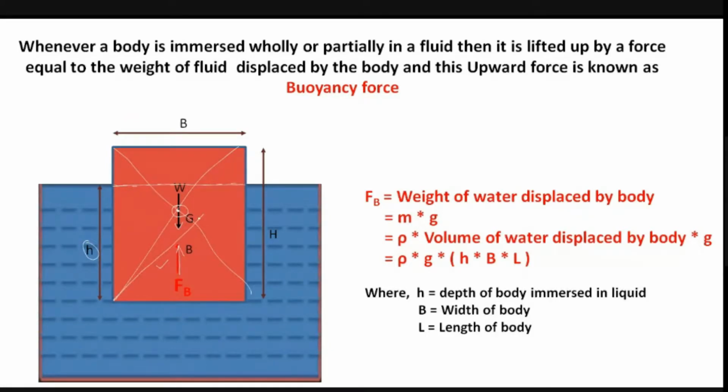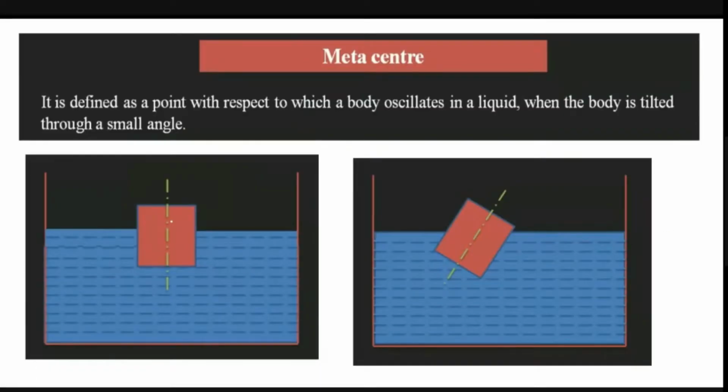Here I have the center of gravity of the displaced volume, and at that point the buoyancy force acts. This is called B, the point of buoyancy, and this is called G. So the buoyancy force acts at point B, and the weight or gravitational force acts at the CG. Now we are going to the metacentric.